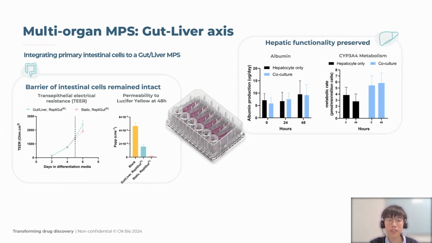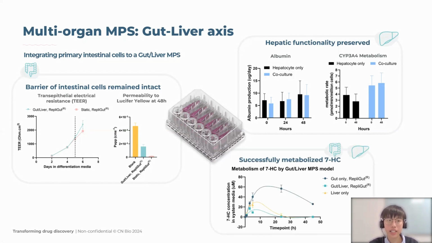And in terms of the liver culture, the functionality of the liver model in co-culture is comparable to the single organ model control. This could be reflected in terms of various factors such as the albumin production and CYP3A4 metabolic activity. Finally, to validate the collective metabolic capacity of the gut and liver models, we dosed the model with a compound called 7-HC.